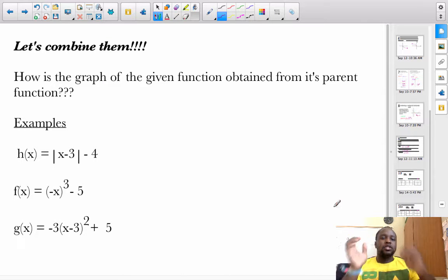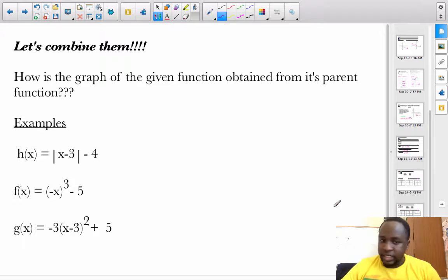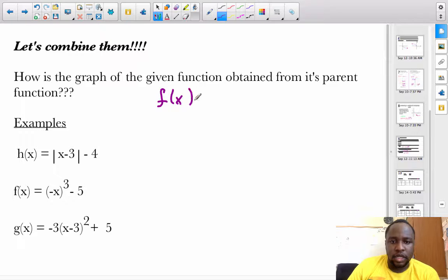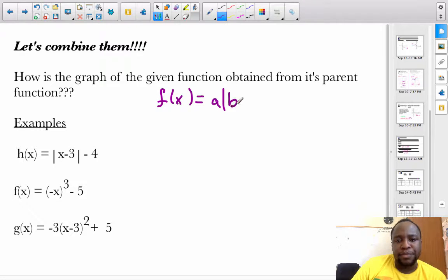Okay, so let's start combining some of these. To give you a little bit of a sense, we have f of x equals a, and I'm just going to use the absolute value function, so a times the absolute value of b times (x minus h), plus k.